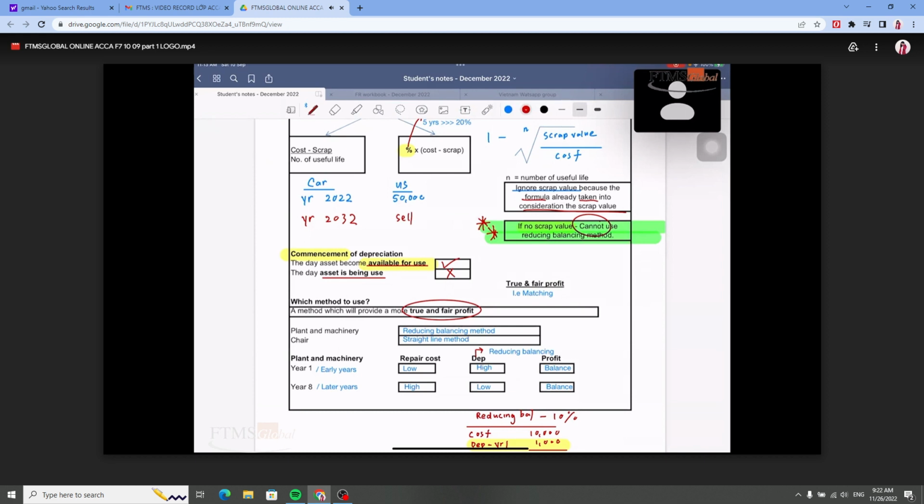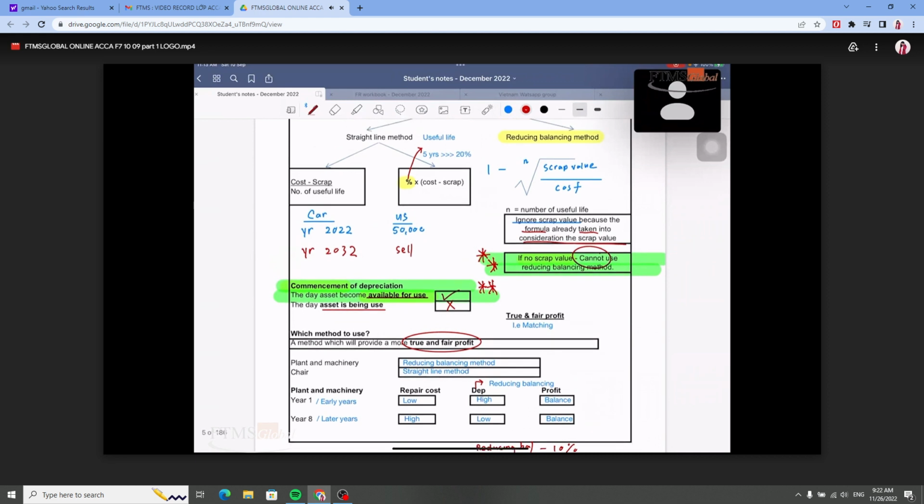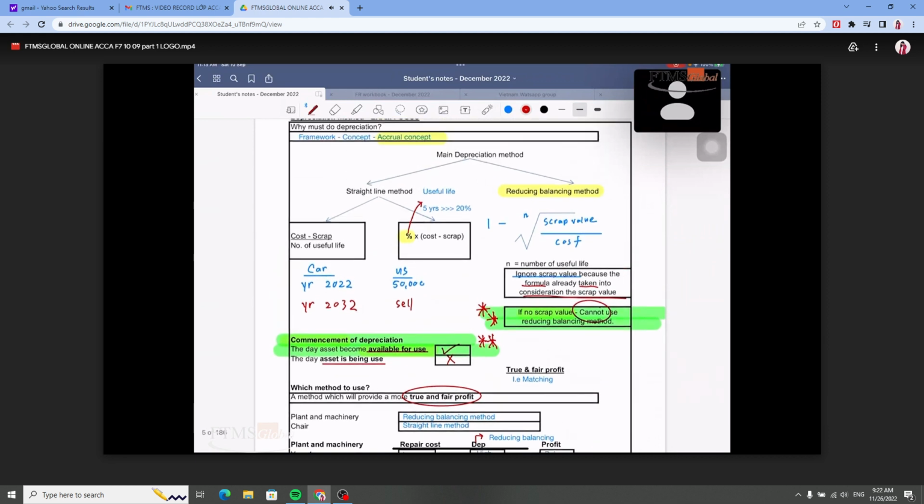That's one thing. Another thing you need to know for the exam is when to start depreciation. Remember, you start depreciation when your asset is available for use. This part is more theory.